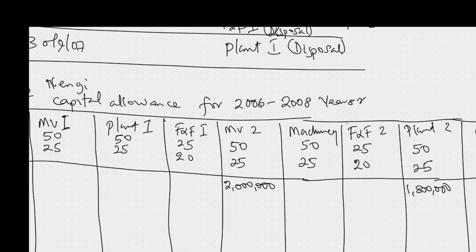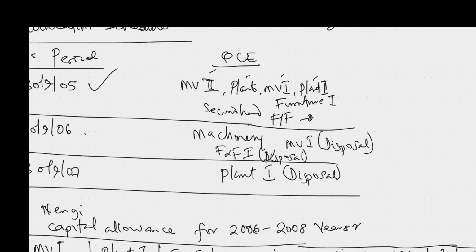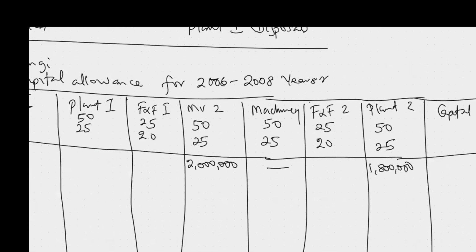So we are not bringing it in. Did we acquire furniture 2 this year? Yes. How much? 900,000. What did they tell us about that furniture 2? They said it was acquired on second-hand basis. Second-hand furniture and fitting.